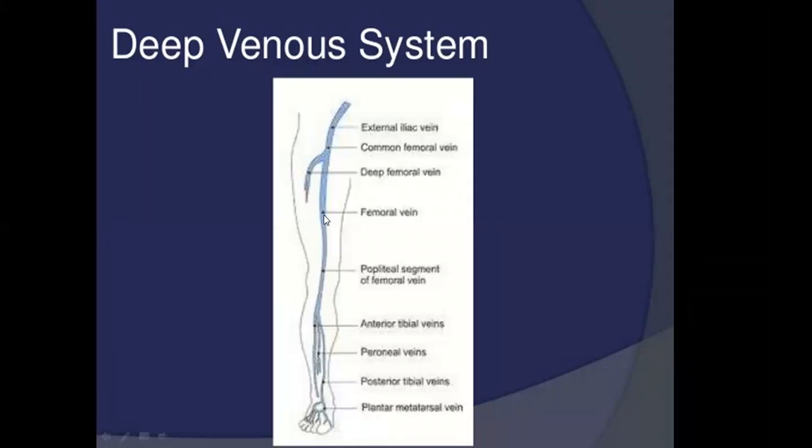Now the formation of the femoral vein: as you know, it is a continuation of the popliteal vein, and it is formed at the opening of the adductor magnus muscle in the upper thigh, where it becomes the femoral vein in the adductor canal. Here the femoral vein is enclosed by a deep fascial sheath, which is known as the femoral sheath.